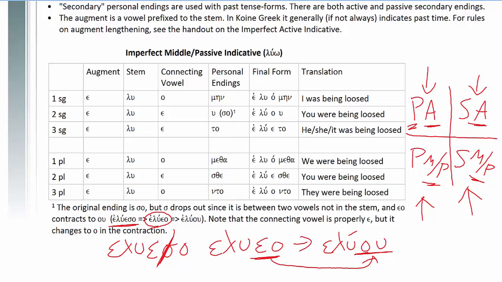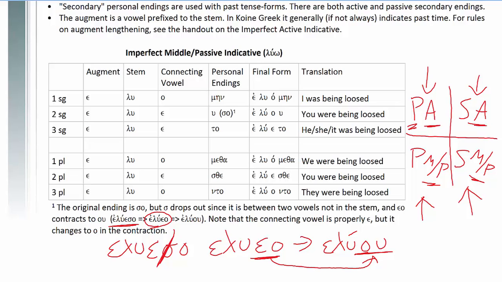Now, as far as the final forms, we can pronounce these: eluamein, eluu, eluato, eluametha, elueste, eluanto. And you can see the translation here is I was being loosed, you were being loosed.